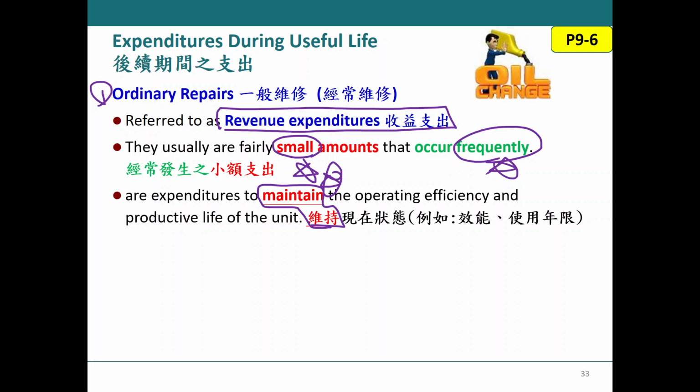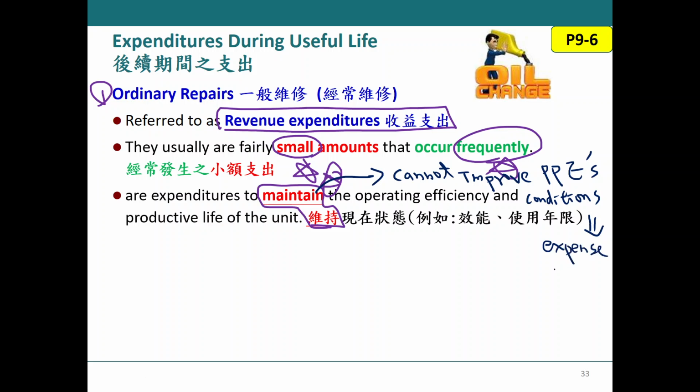Okay, so for this kind of situation, we say the money you spend is expense. They cannot improve your PPE's condition. So that's why the money we spend has no future economic benefit, then we record it as expense.